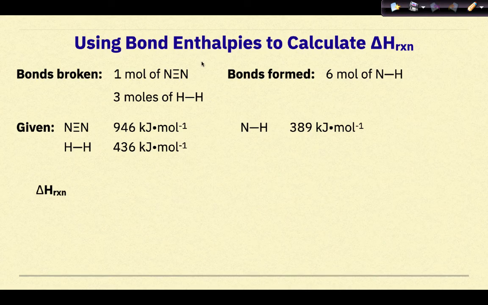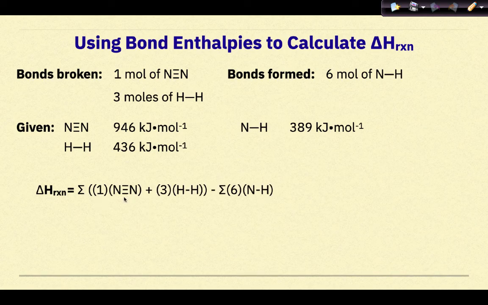So we have our summary here of bonds broken and bonds formed. We have our given values from the textbook that you are using, and then we're going to write out the reaction showing bonds broken versus bonds formed. So we're going to break 1 mole of diatomic nitrogen and 3 moles of diatomic hydrogen, and then we're going to form 6 moles of nitrogen bonding to hydrogen.